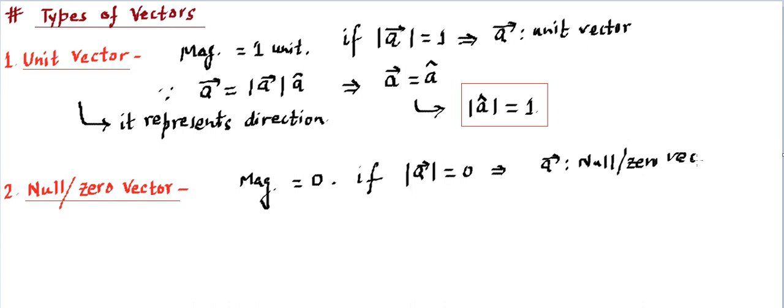I hope it's obvious because of the nomenclature. Null means 0, or 0 means 0. That means a vector is a null or zero vector when its magnitude is 0.